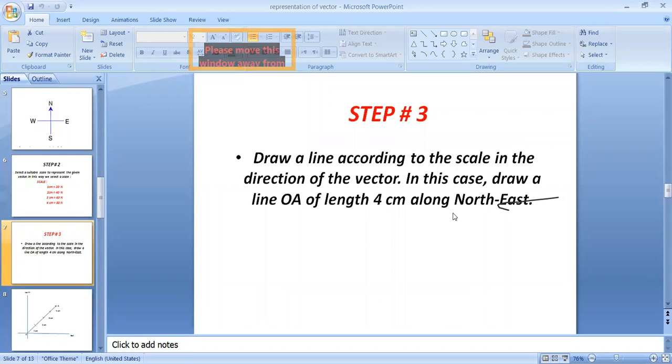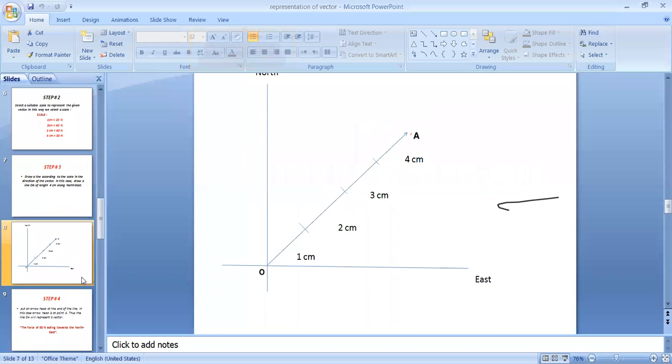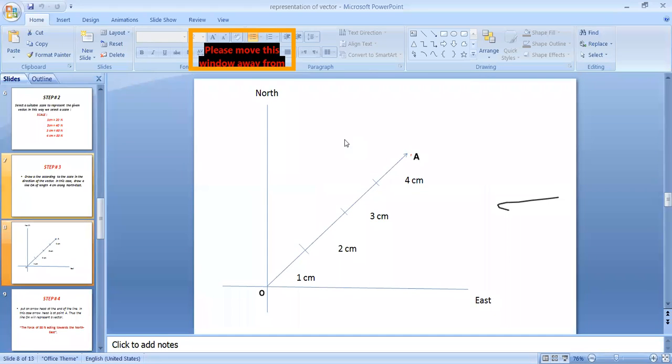Direction is given northeast. It means you require only north and east. See from your question which directions you need. So draw only north and east. At this time, we will neglect west and south, because we have to make the vector in the direction of northeast.